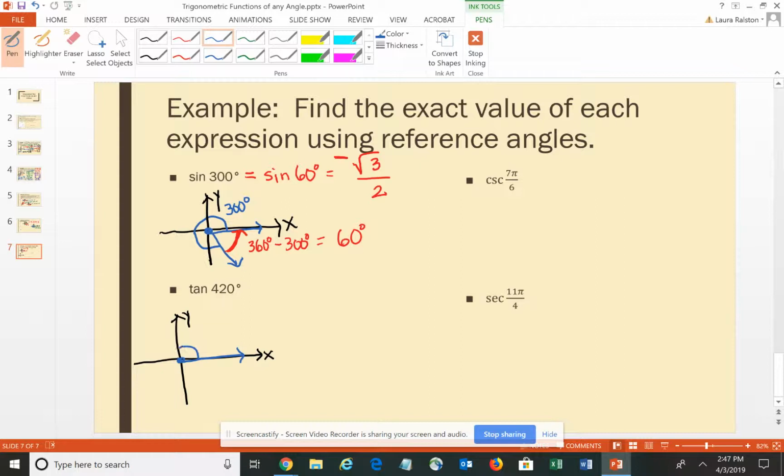We'd go 90, 180, 270, 360, and 60 more to get to 420 degrees.